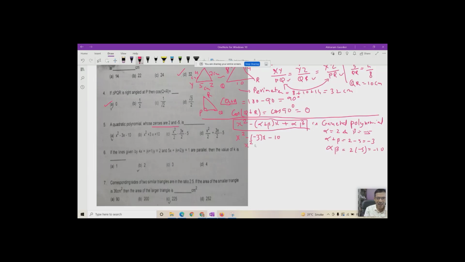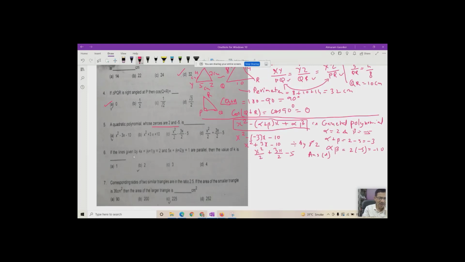So this will work out as x square plus 3x minus 10. So here what I will do, divide by 2. When I divide by 2, I will get x square divided by 2 plus 3x divided by 2, and 10 divided by 2 will become 5. So this is minus 5. So answer is D.